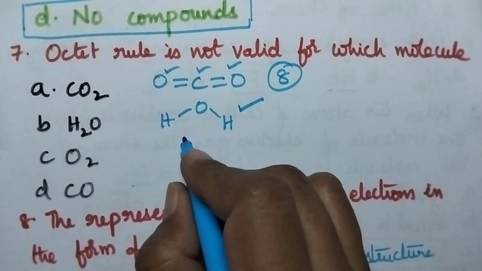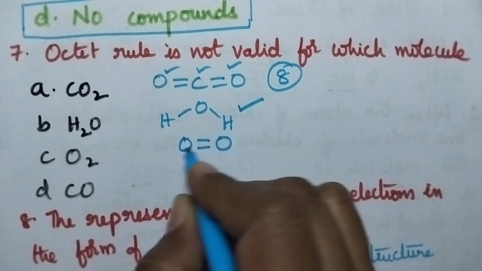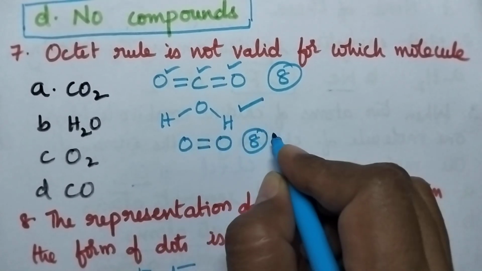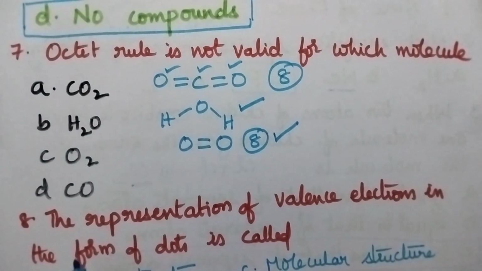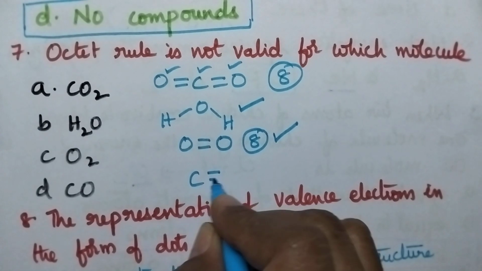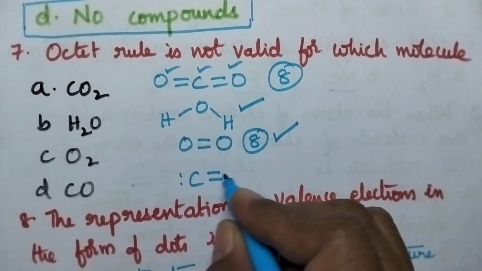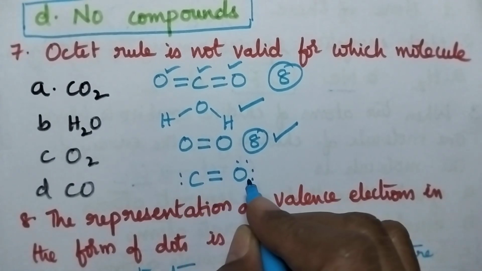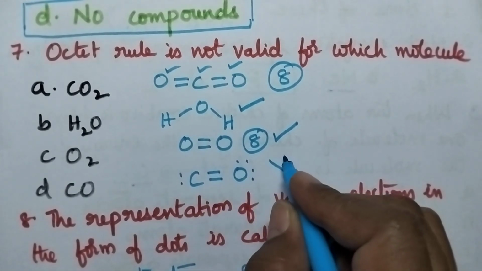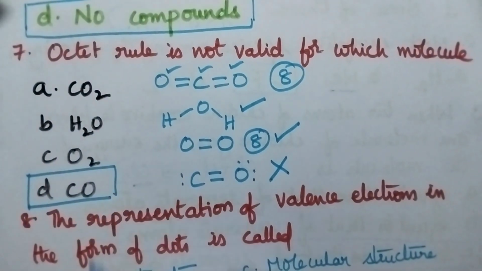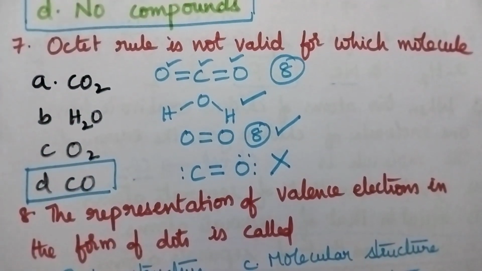Coming to the oxygen molecule, a double bond is present between the two oxygen atoms. Each oxygen atom contains 8 electrons. Here also octet rule is valid. Coming to the carbon monoxide, always remember that 6 electrons are present on the carbon atom, whereas 8 electrons are present on the oxygen atom. So octet rule is not valid for carbon monoxide. So option D is the right answer.